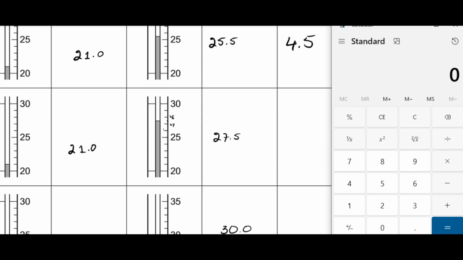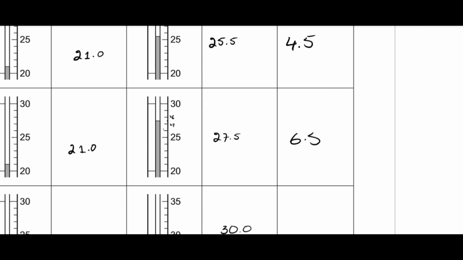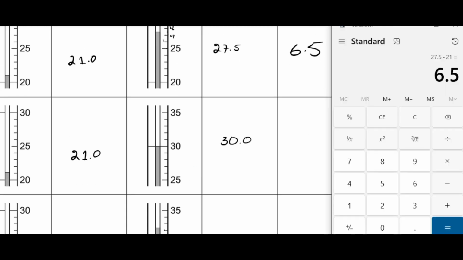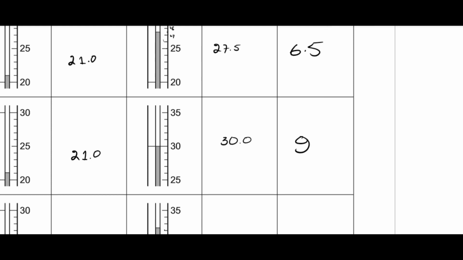So first temperature change is 4.5 Celsius. In the second one, it is 27.5 minus 21 equals 6.5. So the second temperature change is 6.5. For the third one, the final temperature is 30.0 minus 21.0 equals 9 Celsius.